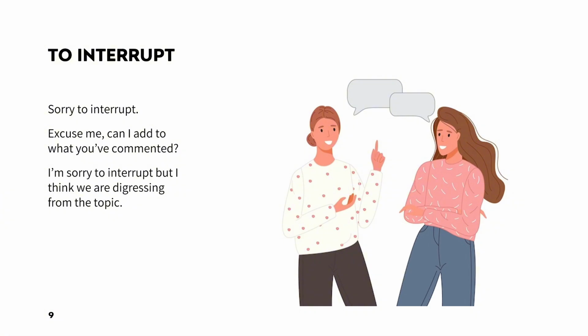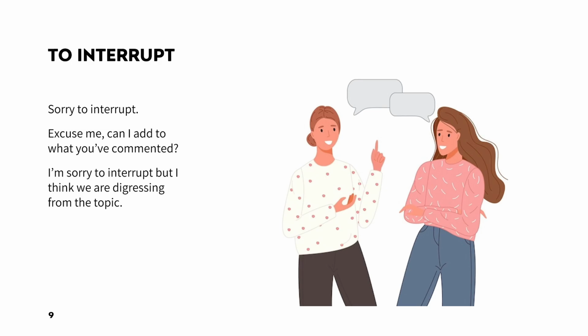You cannot just suddenly stop them, put your hand in their face, and ask them to stop immediately. No, you need to wait until they finish one point. If you want to stop them, you say, sorry to interrupt, or excuse me, or raise your hand. Can I interrupt? Can I add to what you have commented?